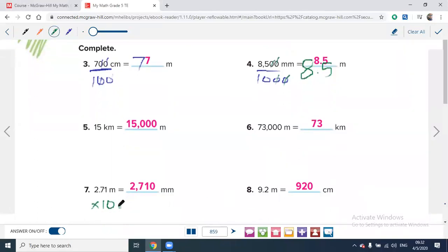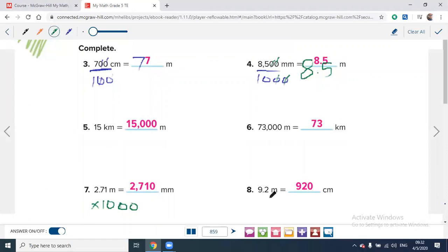Now I have to convert from large to small, so I have to multiply by 1000. I have here a decimal number. When multiplied by a power of 10, I just move the decimal point to the right 3 places, but I still have 2 places, so I cancel with 2 zeros. So the answer will be 2710.